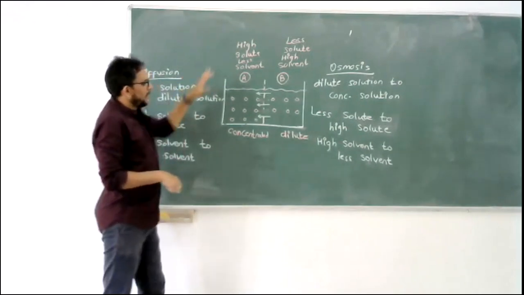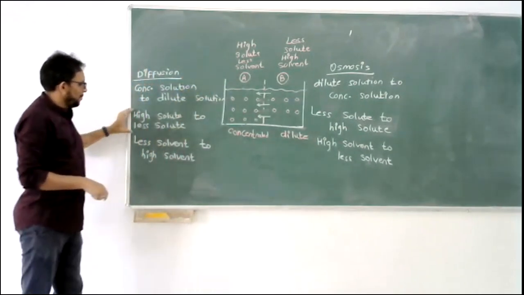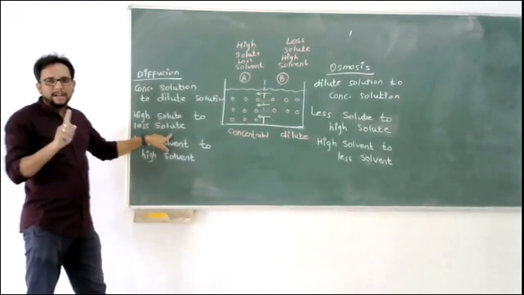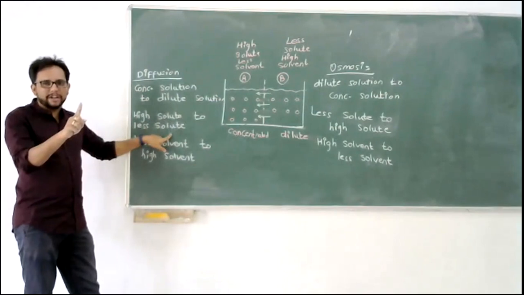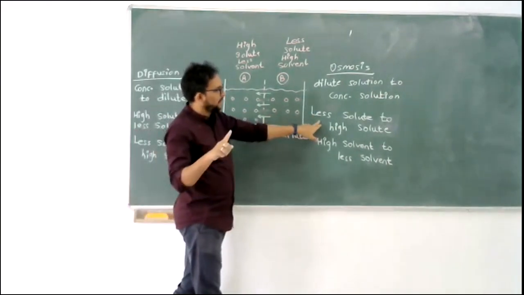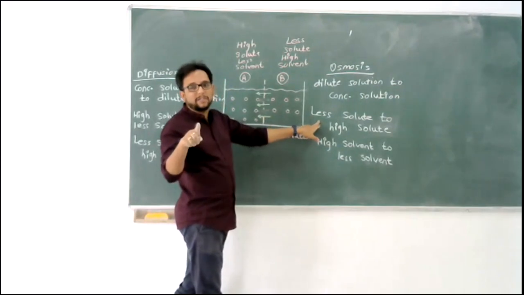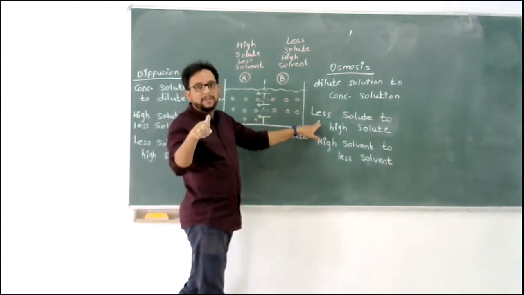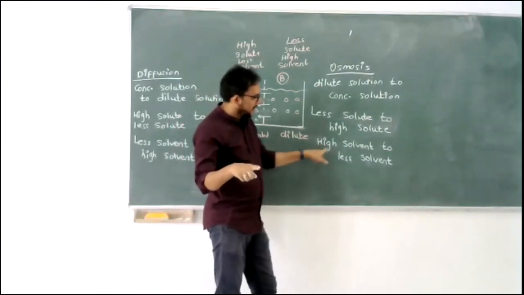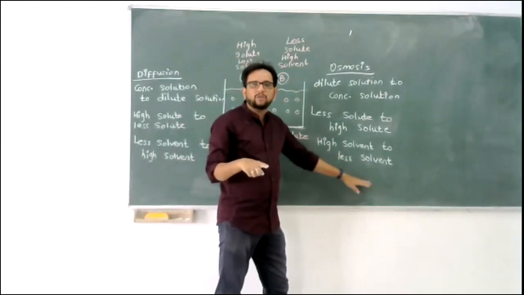I will tell you. Now, diffusion is happening from high solute to less solute. That is along the concentration gradient, right? And now if we look here, osmosis is happening against the concentration gradient of the solute, but of the solvent, the concentration gradient is the same. That is from high to low.